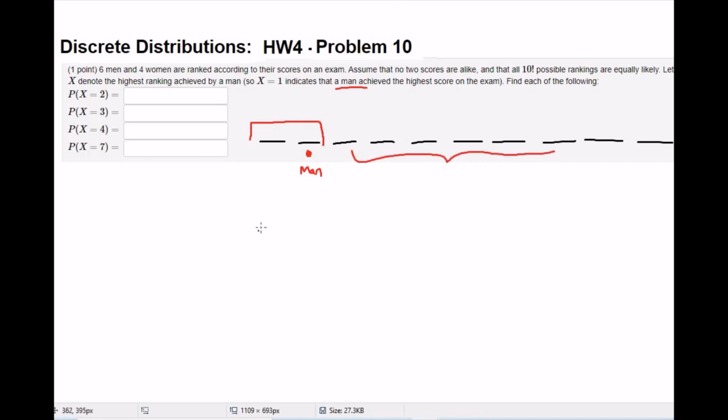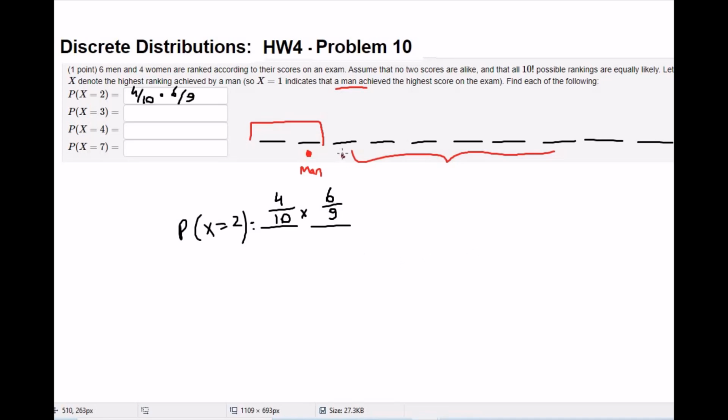For the probability that x is equal to 2, the first coordinate has to be a woman, and we have 4 women out of 10 people, times, the second coordinate is our desired coordinate that has to be a man. So it's going to be 6 out of 9 because there is no replacement here. This is like no replacement probability.